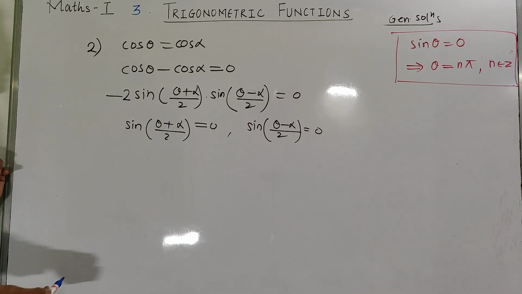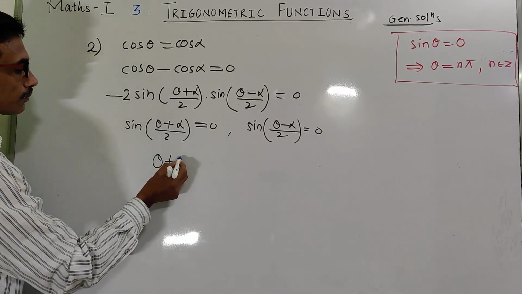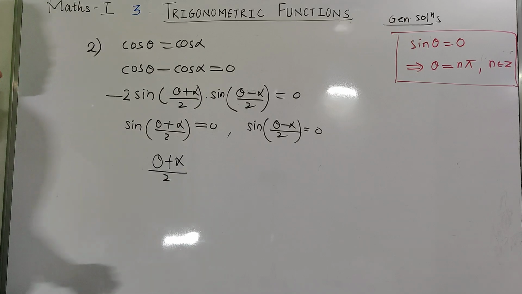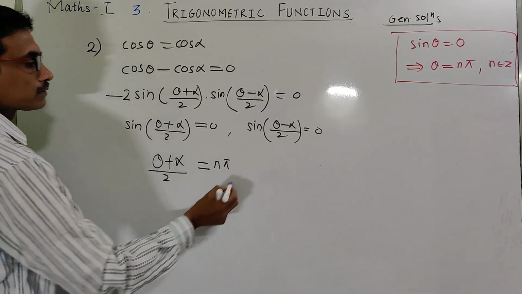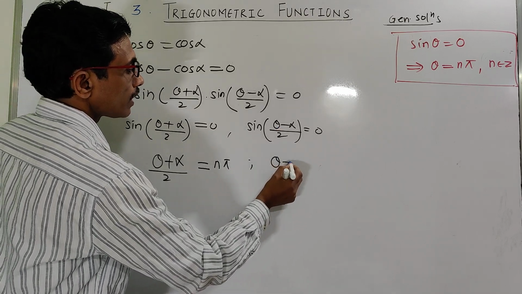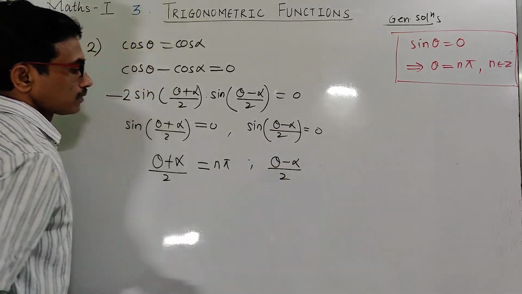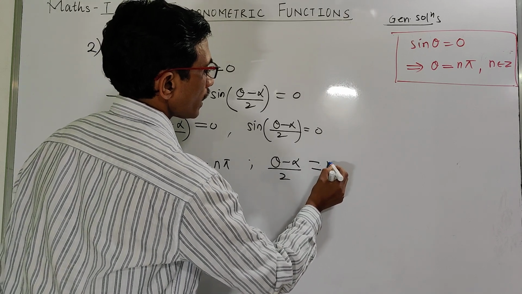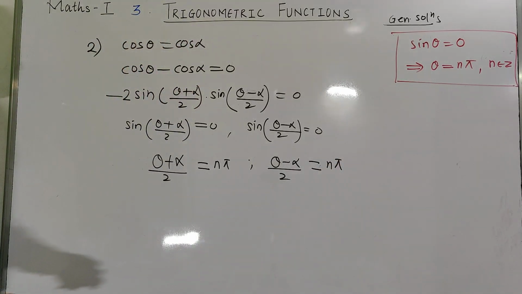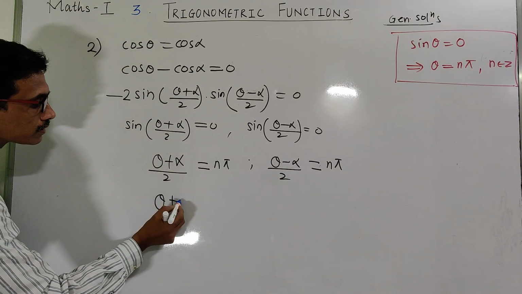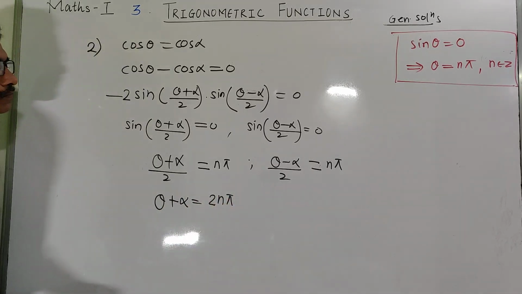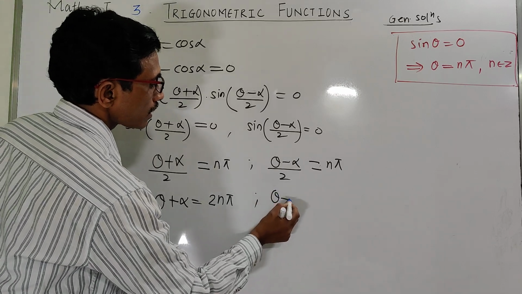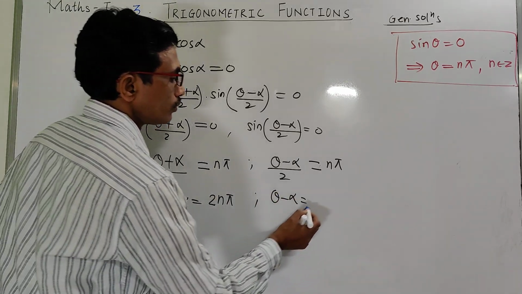So it can be written as theta plus alpha upon 2 must be equal to n pi, or theta minus alpha upon 2 must be equal to n pi. Taking cross multiplication will give us theta plus alpha is 2n pi, and theta minus alpha is equal to 2n pi.